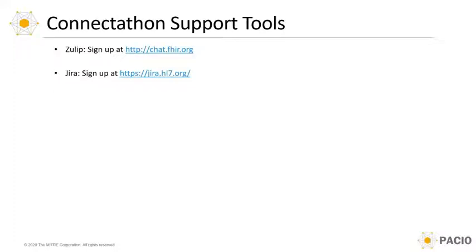We have a post-acute care stream for this project. If you haven't signed up for Zulip, please do so at chat.fire.org. You can subscribe to any stream that you want, and certainly the post-acute care stream.